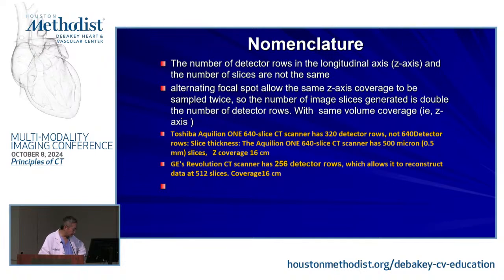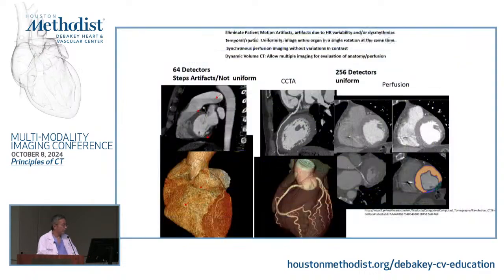That's why Siemens advertised 192, I believe, slices, but in reality, we only have half of the rows, okay? So when you hear 640 slices, it sounds like a lot, but in reality, it's similar to, let's say, the 256 slice detector row of the GE. So the coverage is the same. Okay.